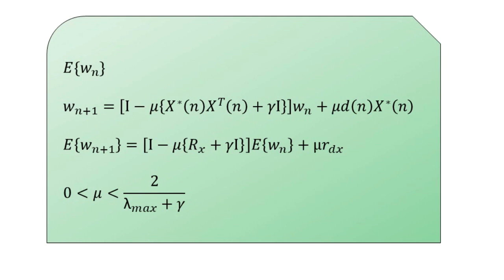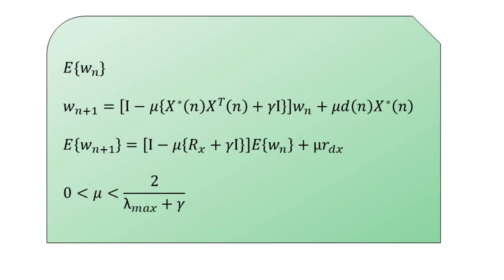Now there is one drawback to this Leaky LMS algorithm, that is, for the case of stationarity under consideration here, the steady state solution will be a biased one. It will not be the unbiased one.